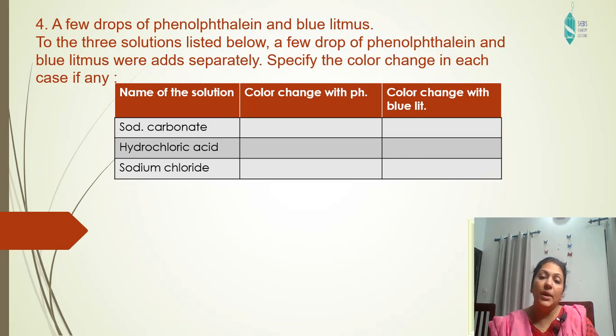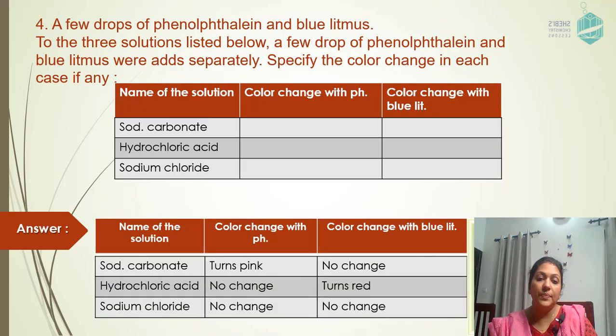While blue litmus solution will not show any color change in a base and also in a neutral solution, but it shows a color change, that is, blue litmus solution will turn red in acidic medium. Okay, hope you understood very clearly. These are the answers given here.